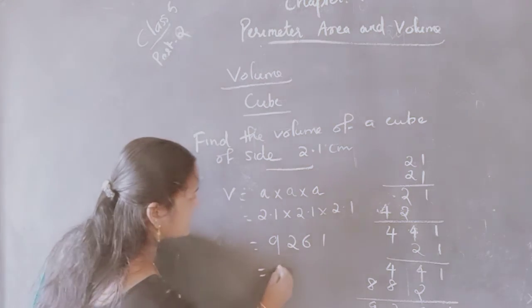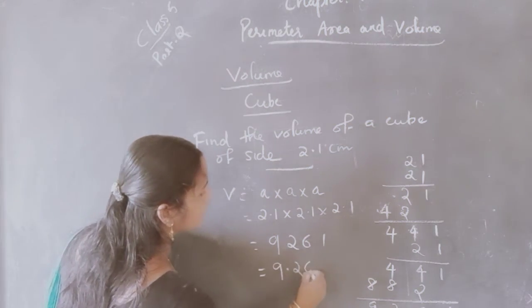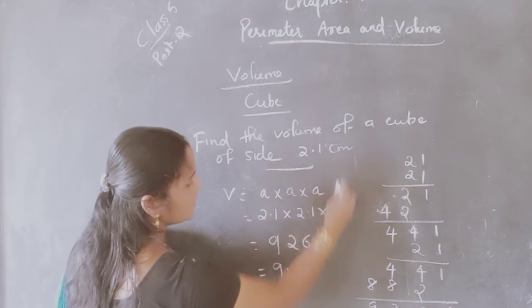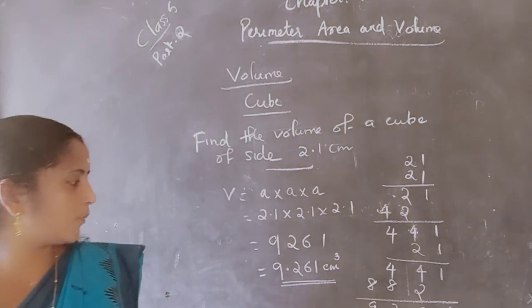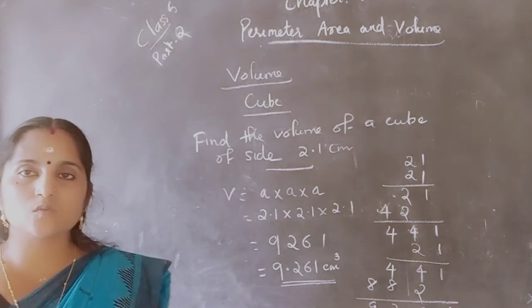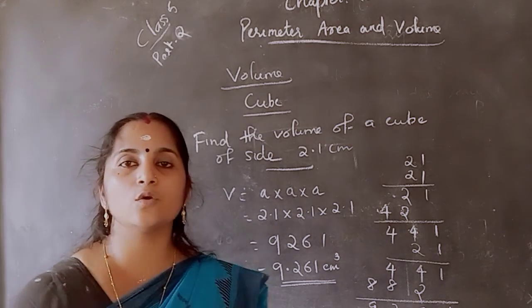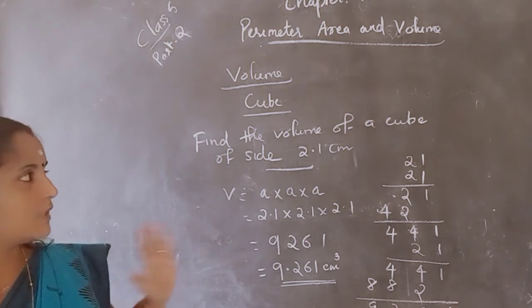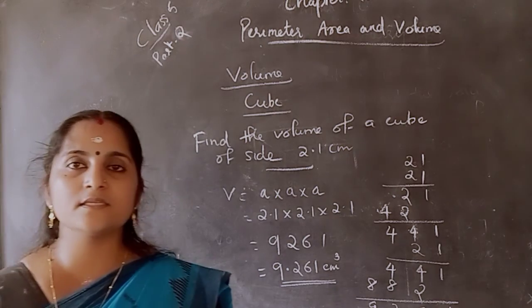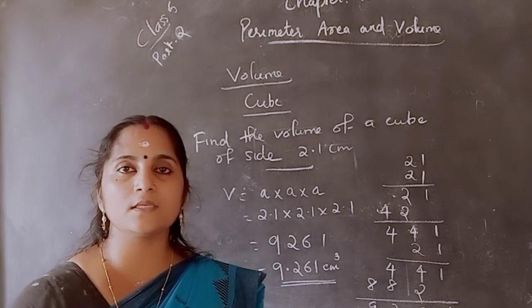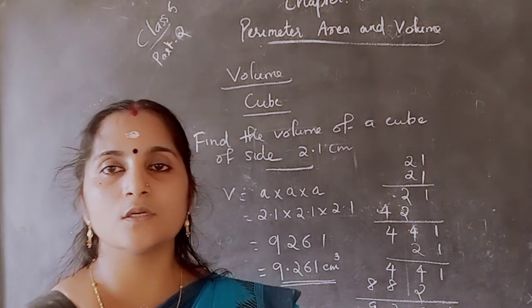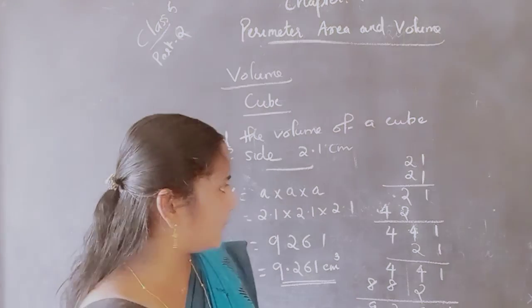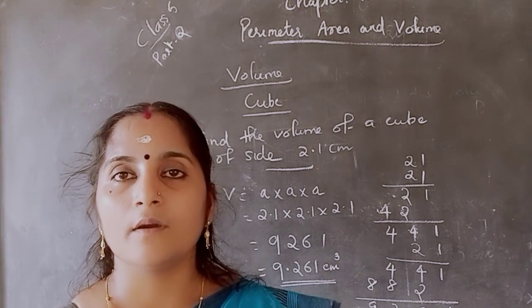So the answer is 9.261, and the unit is centimeter cube. 9.261 centimeter cube. In this way we find out the volume of a cube, and in this chapter we discussed perimeter, area and volume. Hope you understood all the topics. Okay, thank you.